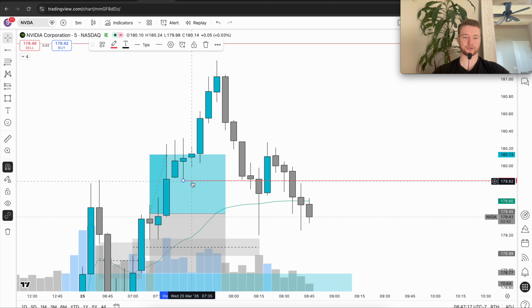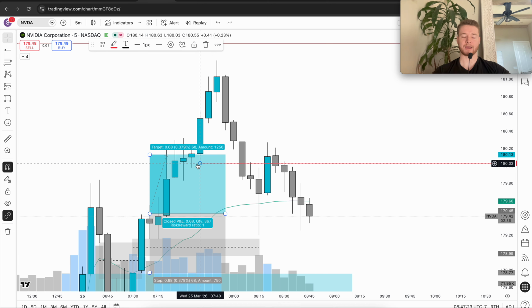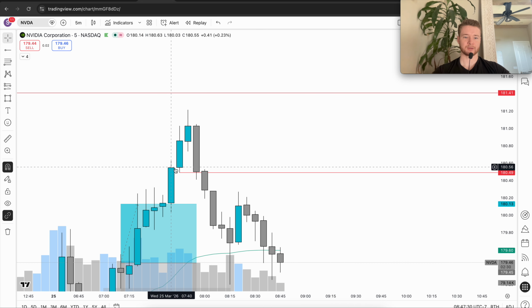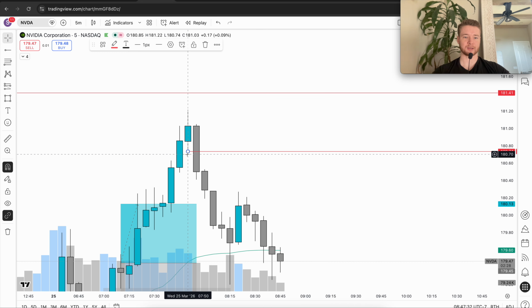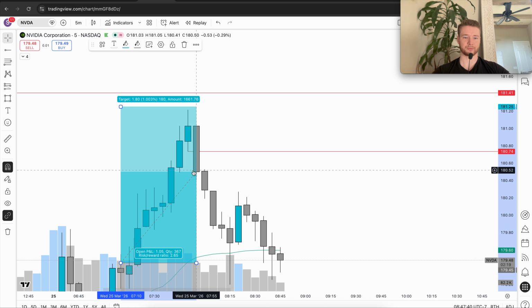If this candle closed below that low, I would have stopped out. And so the stop loss continues to move, and that way I can maximize my upside and limit my downside on these runners. As the trade kept going, the stop loss kept going, and then here we finally see a candle close below the low of the previous candle, and I went ahead and stopped out right here.